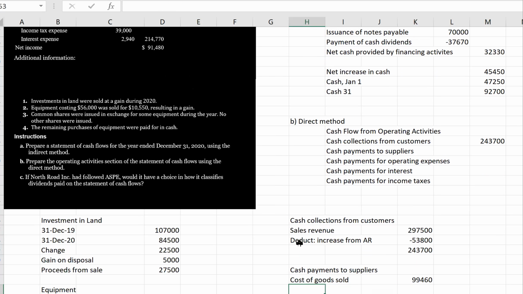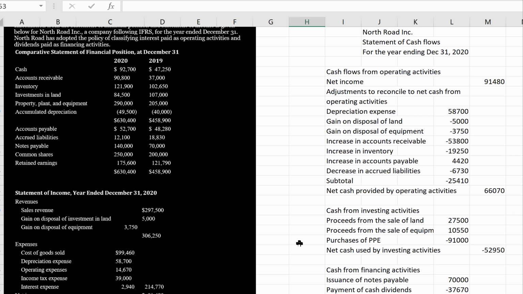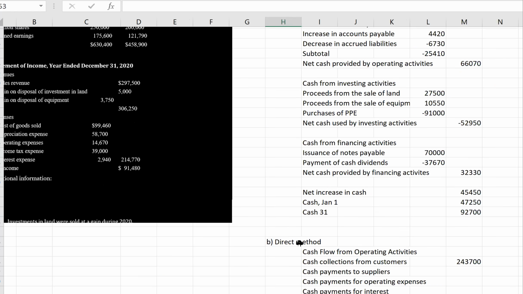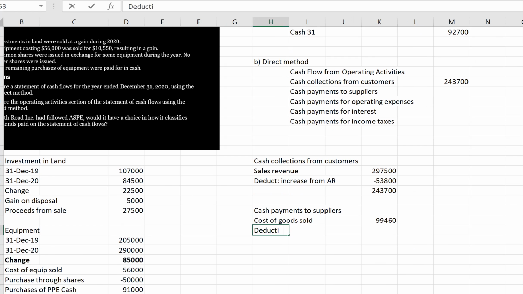We're going to figure out what the change in inventory was, because when we're recognizing cost of goods sold, we're deducting from our inventory. Inventory went from 102,650 to 121,900, so it increased. An increase in inventory means we must have used cash to purchase inventory. So we're going to deduct an increase in inventory. Let's figure out what this number is.